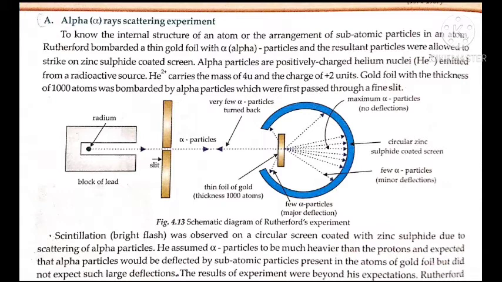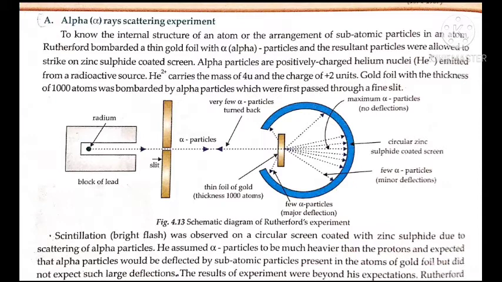Gold foil with a thickness of 1000 atoms was bombarded by alpha particles which were first passed through a fine slit. Bright flash scintillation was observed on a circular screen coated with zinc sulfide. Look at the diagram.